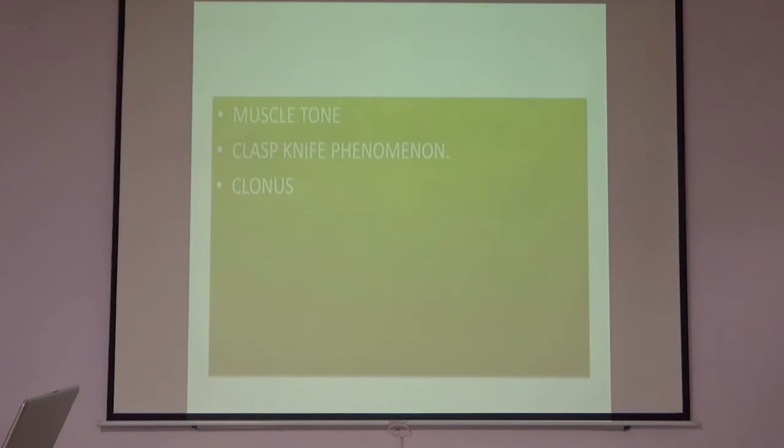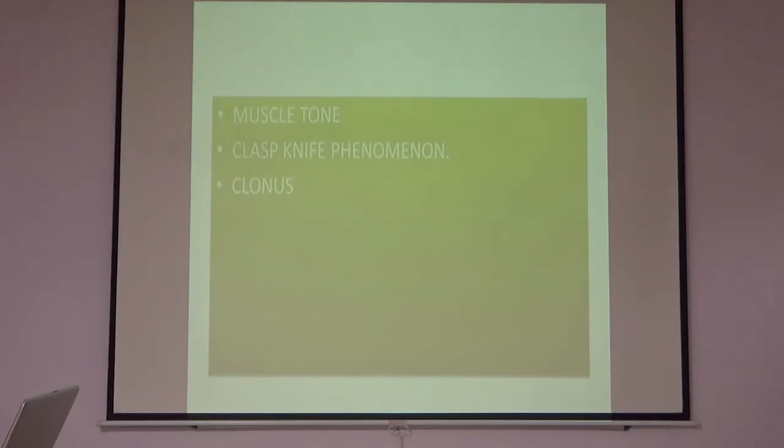It is seen in upper motor neuron lesion and results due to a sudden and maintained stretch. Then there is rhythmic contraction of the muscle happening, and this is called clonus. We will see the conditions in which this clonus can happen. The condition is usually upper motor neuron lesion resulting from various causes.